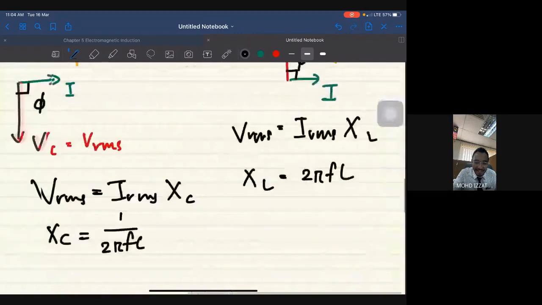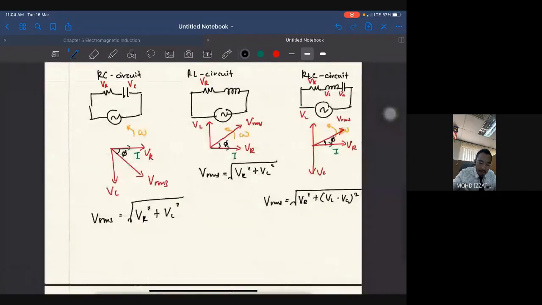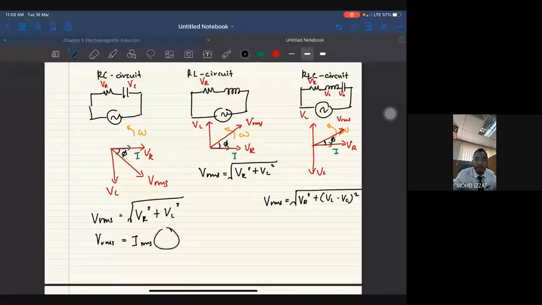Anyway. How about my RC circuit? So kalau saya nak tulis V RMS equals to I RMS, ini saya nak tulis apa? Kalau R efektif, kita tulis R efektif lah, total resistance.